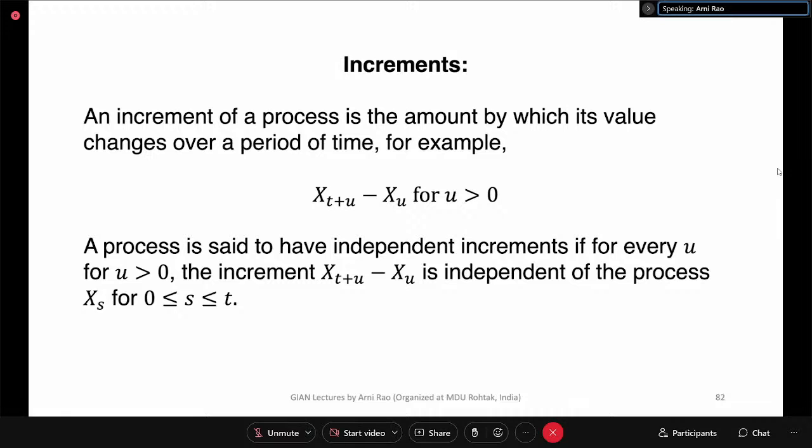A process has independent increments if the increment is independent of the process's past. For example, when counting cars, the change in the number of cars in a certain interval is not dependent on the number of cars in the past intervals. That becomes independent.